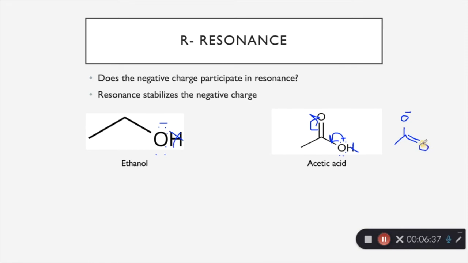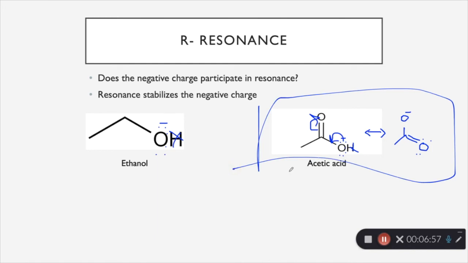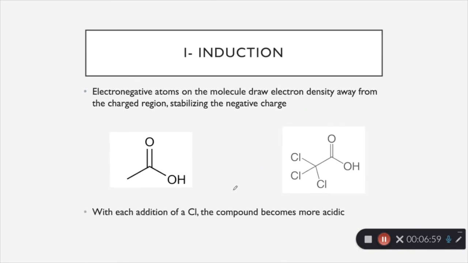So then you're left now with a resonance structure. I'll go ahead and draw this out. So now this negative charge is delocalized from this oxygen and it can be moved throughout the molecule. So the more resonance it has, the more stable that negative charge is. So acetic acid here is going to be more acidic. Now we're going to look at induction.